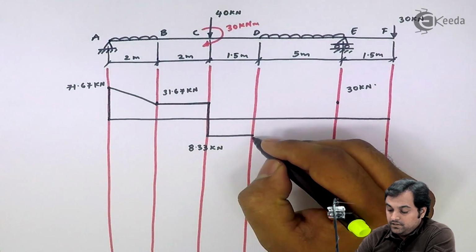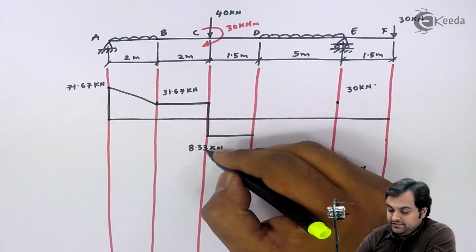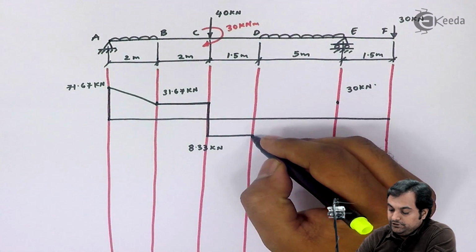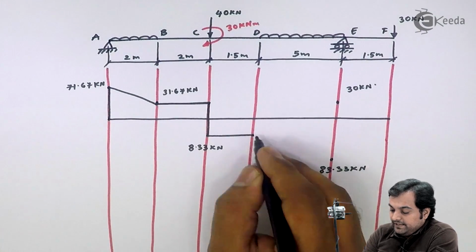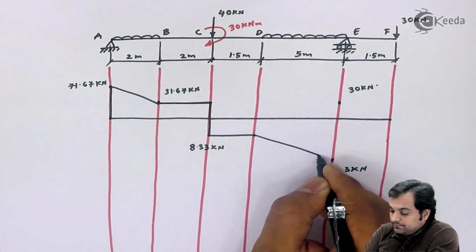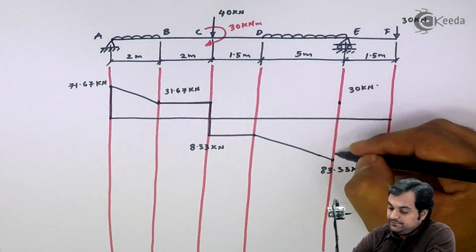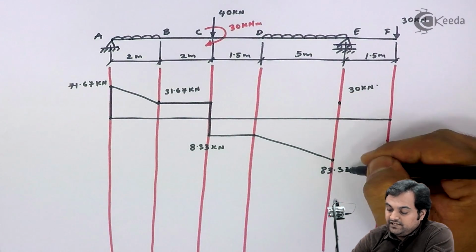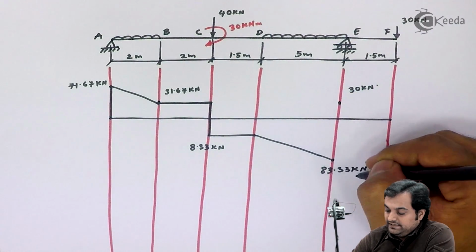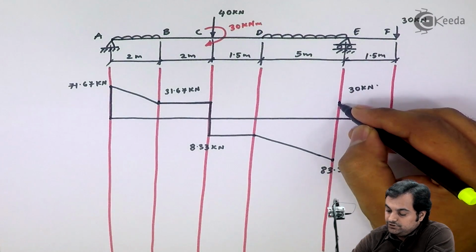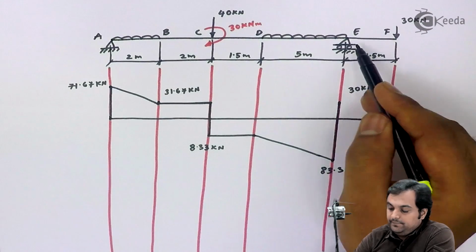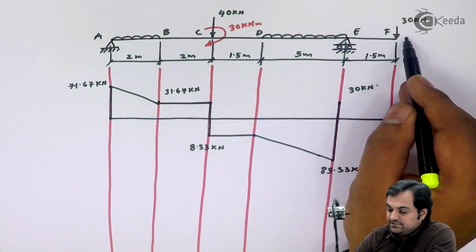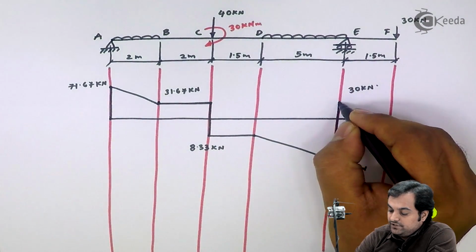Now we have reached up till here, that is minus 8.33 kilonewton at point D. From D to E there is UDL, so shear force will be an inclined line. Next, at E we are having two values, so from minus 83.33 it goes into plus 30 kilonewton, and between E to F, since there is no load, this shear force will remain constant.